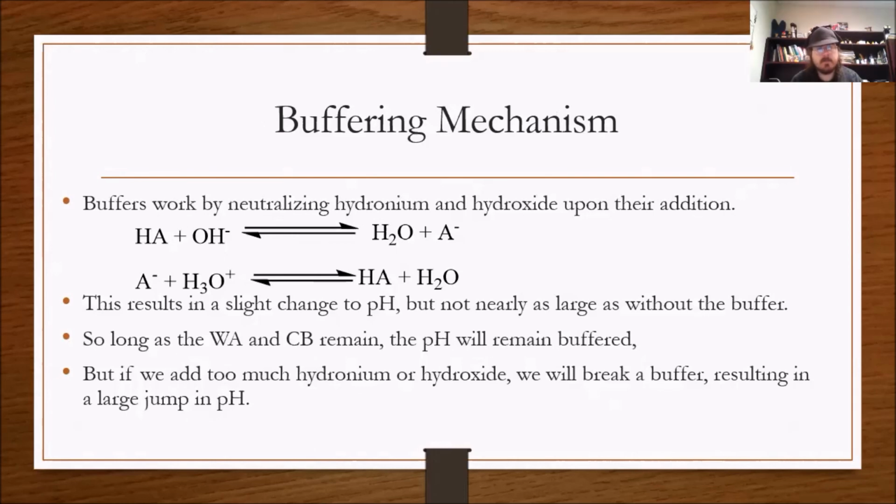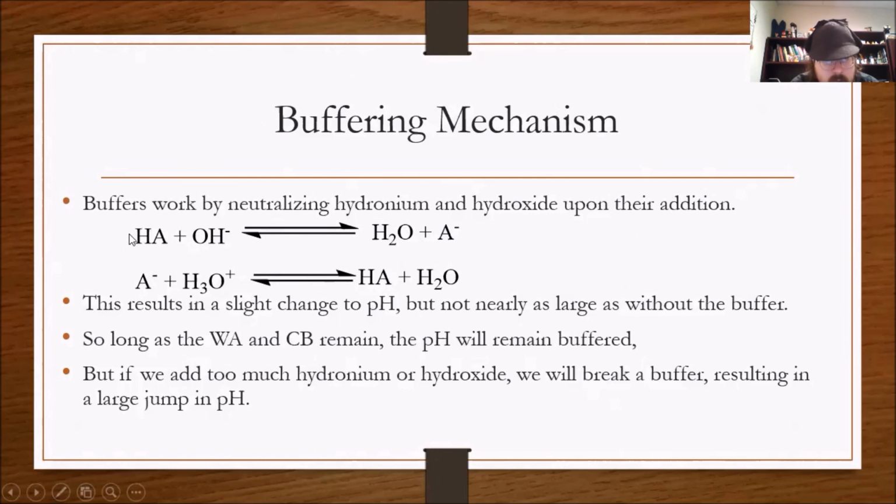Now, how does a buffer actually work? Because you have both weak acid and conjugate base, if you add any straight up base, your weak acid will neutralize it and make more conjugate base. If you add any straight up acid to the buffer, the conjugate base will neutralize it and make more weak acid.